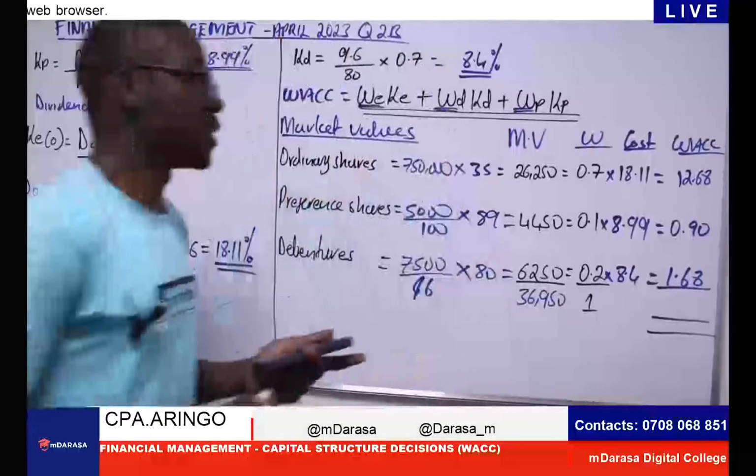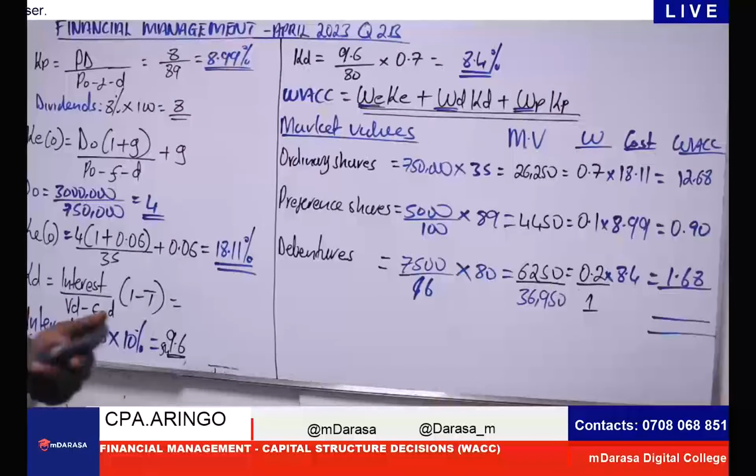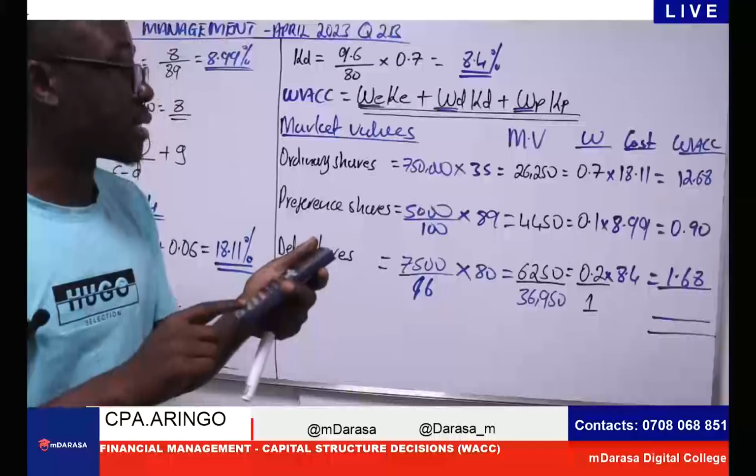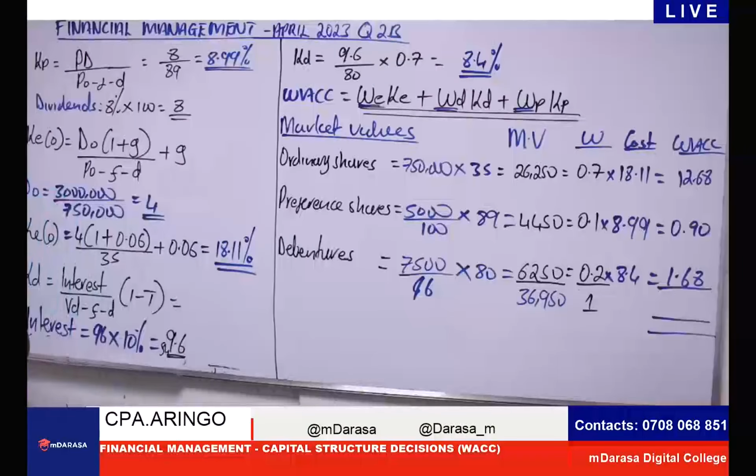So if we sum it up, that will give us our WACC, which in this case, with a lot of confidence, we have 1.68 plus 0.90 plus 12.68, which Mwalimu is getting 15.26.